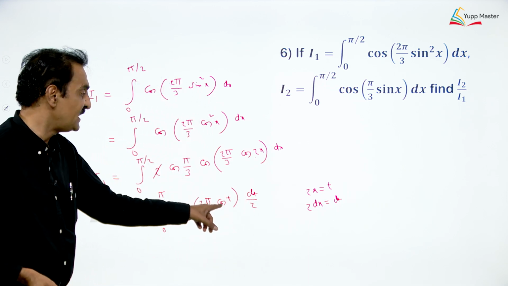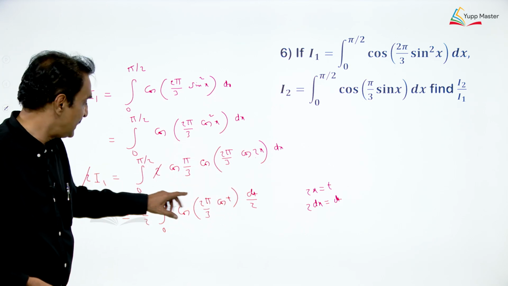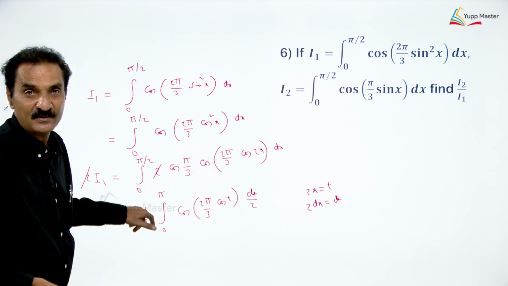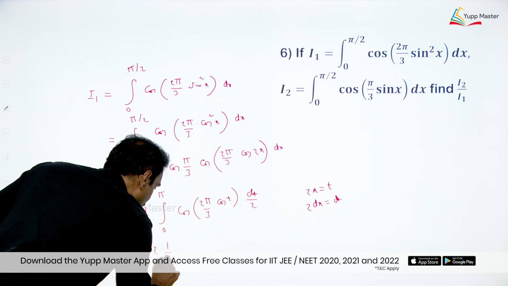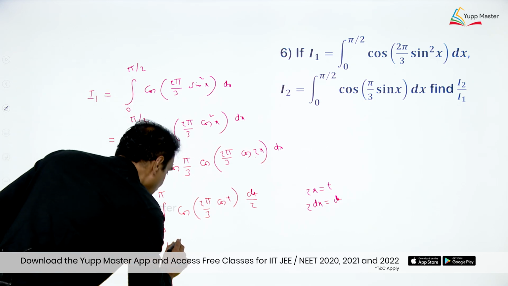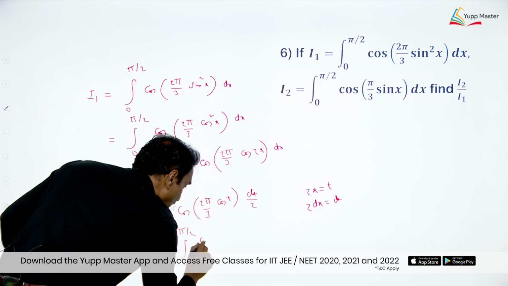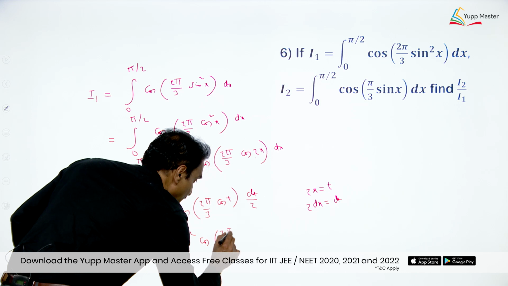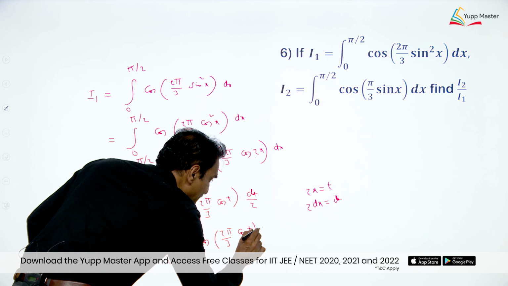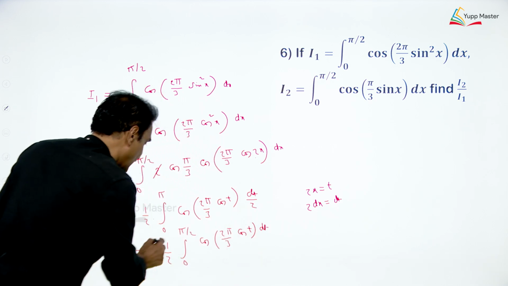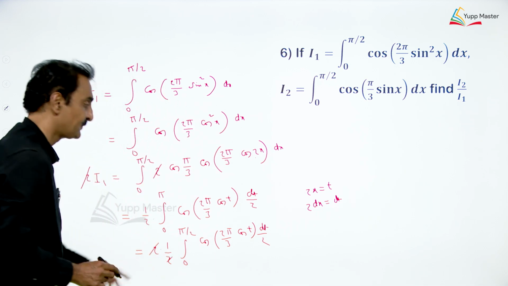Now, substituting pi minus t, the function remains same. When the function remains same, you can multiply by 2 and divide the upper limit by 2. So, what happens? It will be equal to 2 into 1 by 2 into integral 0 to pi by 2 cos of 2 pi by 3 into cos t dt by 2, another 2 is there, this 2 cancels.